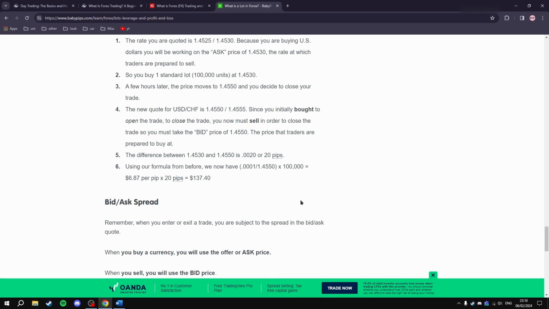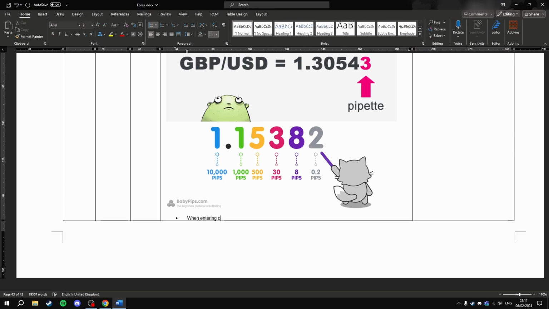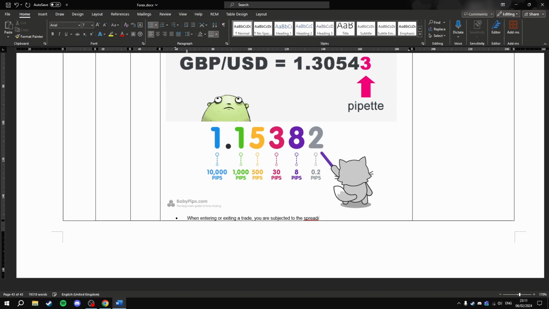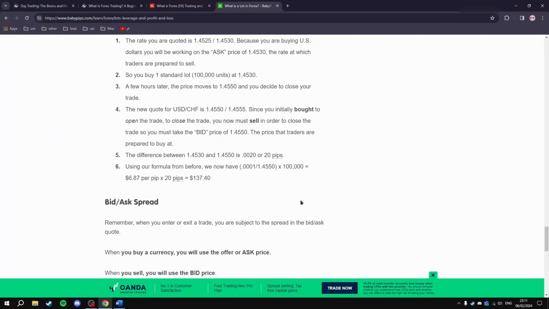Remember, when you enter or exit a trade, you are subject to the spread in the bid/ask quote.